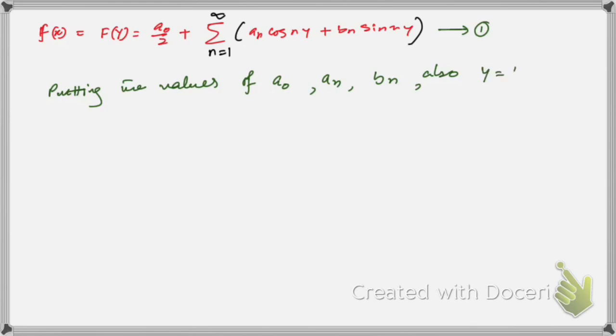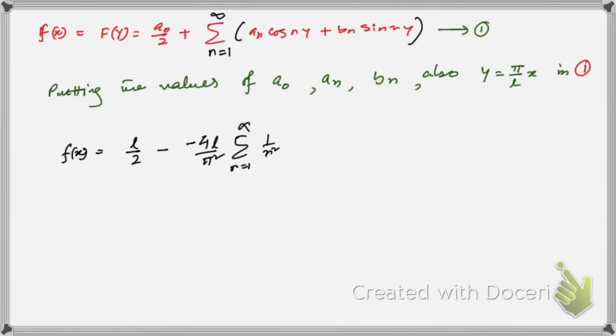Putting y equal to πx by L in equation number 1, what you will get? You will get f(x) equal to a0, which is L by 2, minus 4L by π² times the summation from n equal to 1 to infinity of 1 by n² cos(nπx/L).